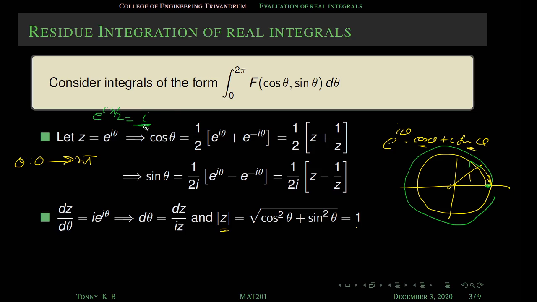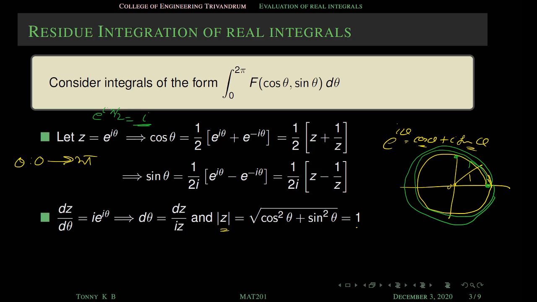So e raised to i pi by 2 is equal to i. So this is the point i, right? So whenever theta is moving from 0 to 2 pi, our curve is tracing in the anti-clockwise sense over mod z equal to 1, or positive sense.